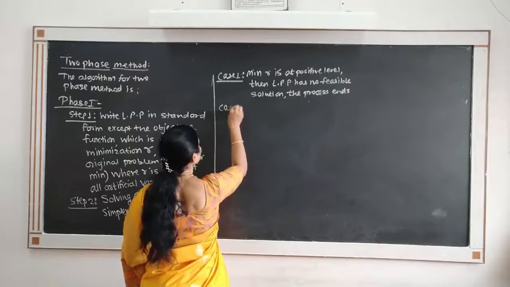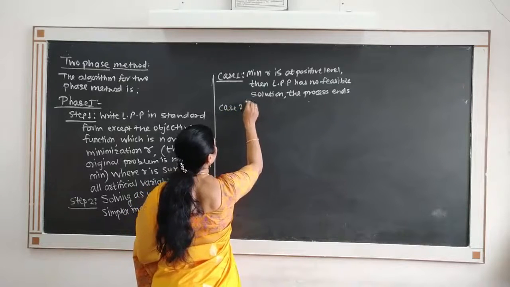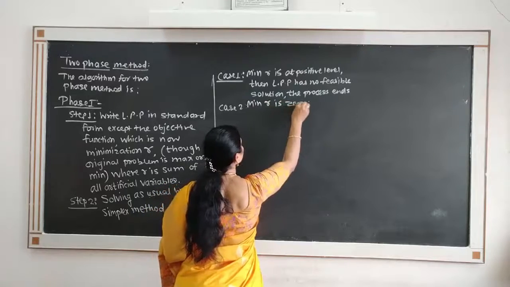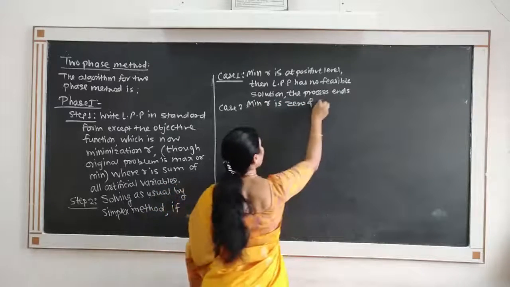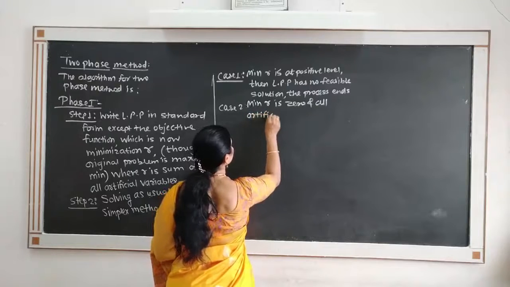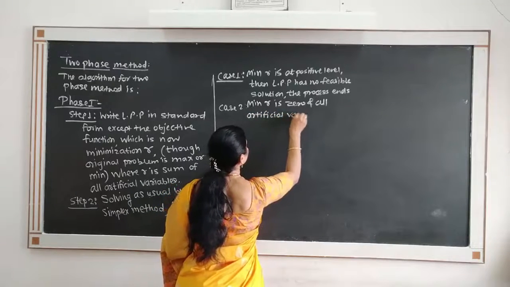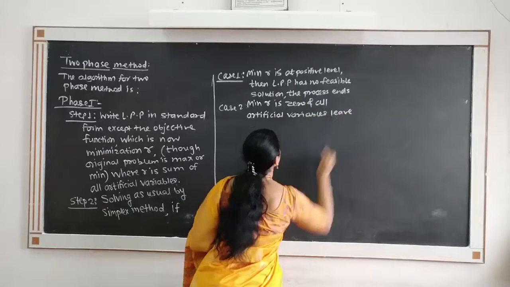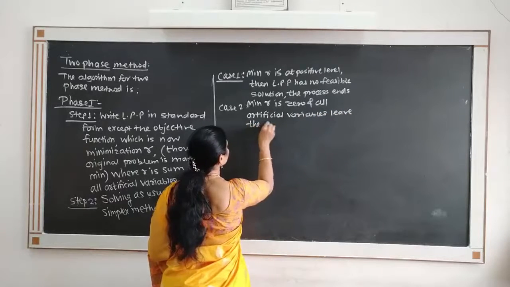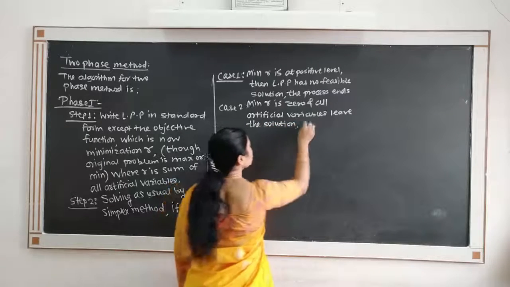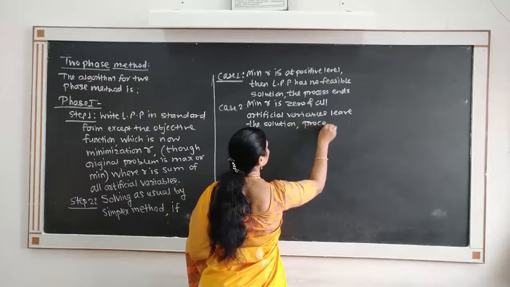Case 2, if minimum R is 0 and all artificial variables leave the solution, proceed to phase 2.